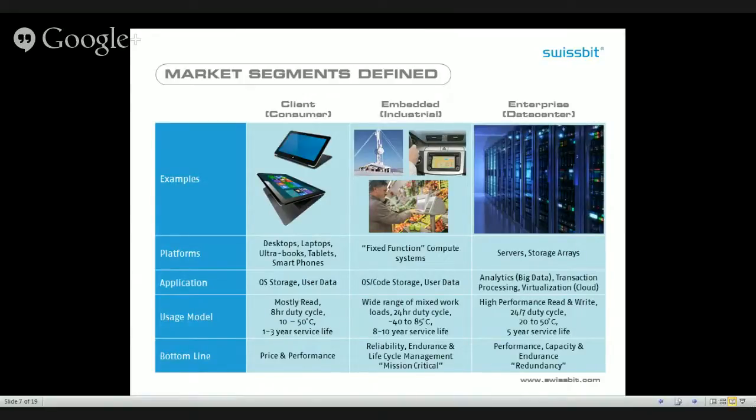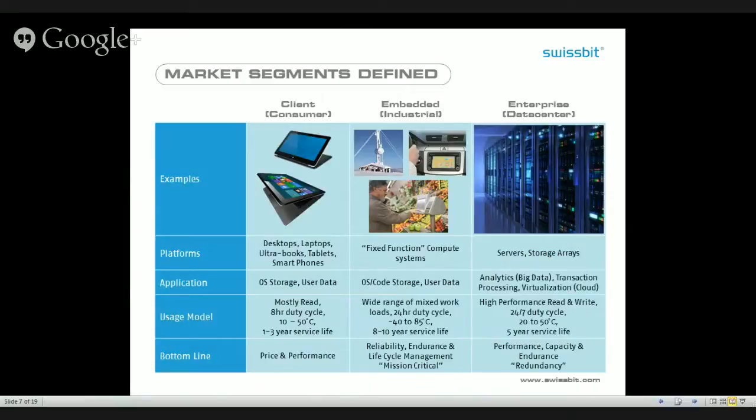We use our laptops less than 8 hours a day, and the temperature is very comfortable, 10 to 50 C. The typical service life for this application is 1 to 3 years before we go out and buy a new iPad 6. The bottom line here is it's all about price and performance in the client space. We want a low price, and we want to have instant on when we push the button.